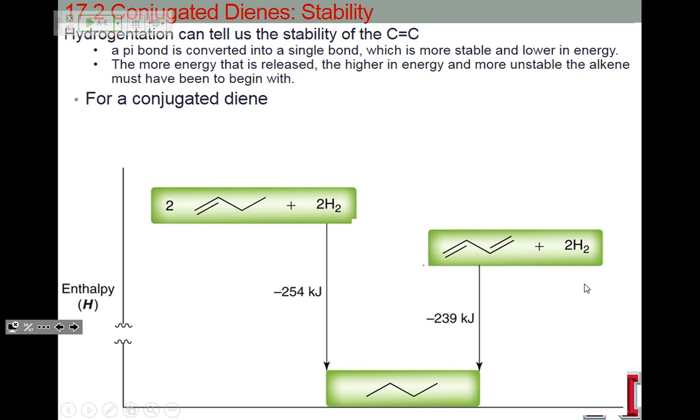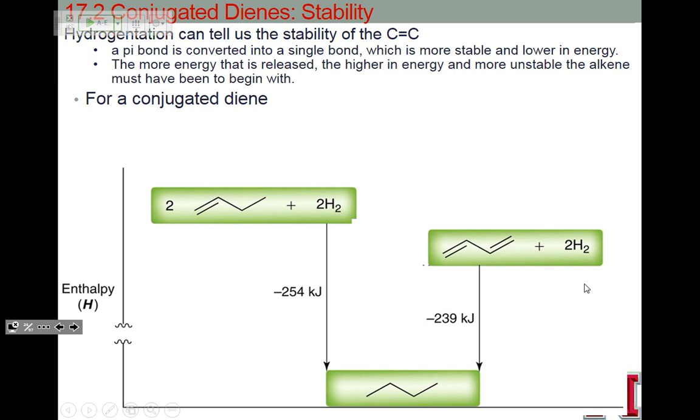Still not as stable as a system with no pi bonds. But if we compare our diene that's conjugated with our isolated diene, we'd see it to be more stable. If we were comparing our diene with the cumulated diene, the cumulated would be even less stable because, again, we don't have any overlap.